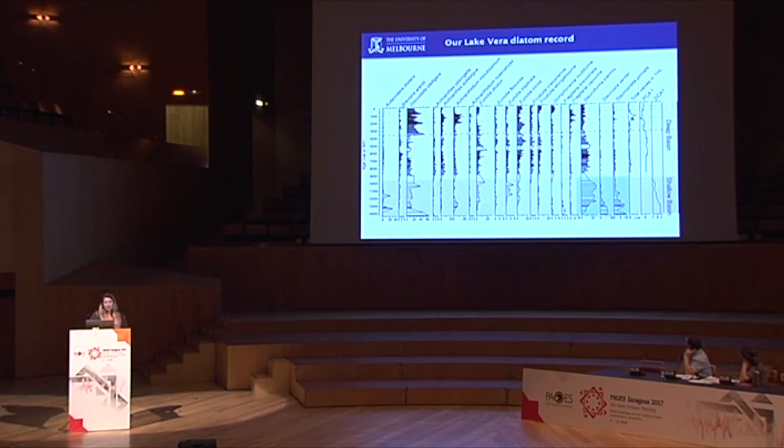So in the beginning of the record, from 14,000 to 10,000 years, we're seeing these more disturbance, oligotrophic, more alkaline taxa. And then we get a shift around 9,000 to 2,000 years to more acidic taxa, and a gentle incline in some of these taxa, so more acidity coming in to 2,000 years. We're also seeing this interesting increase in Discotella stolidura, which are planktonic and also have wide ecological tolerances in temperate lakes.